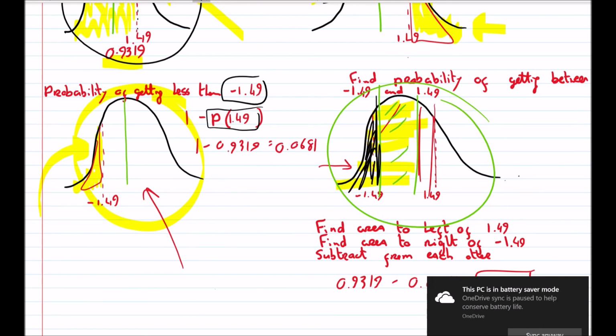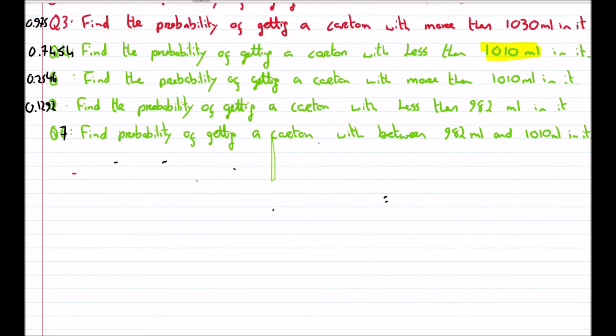So the area to the left of 1010 we found already, 0.7454. The probability to the left of 982 we found already, 0.1292.